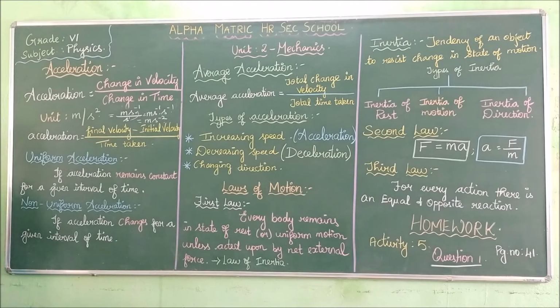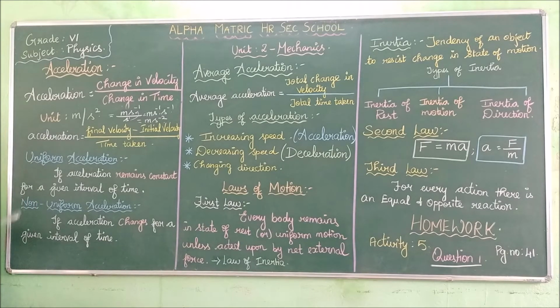Then what is non-uniform acceleration? If acceleration changes for a given interval of time, then it is said to be non-uniform acceleration. If an acceleration remains constant, if it does not change with respect to time, then it is called uniform acceleration. If an acceleration changes for a given interval of time, then it is said to be non-uniform acceleration.